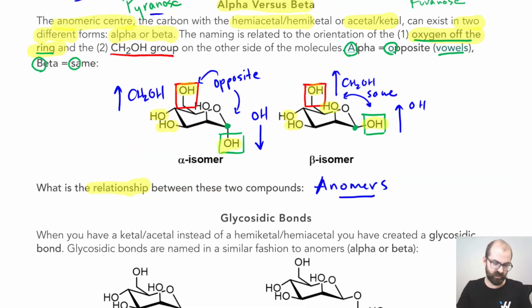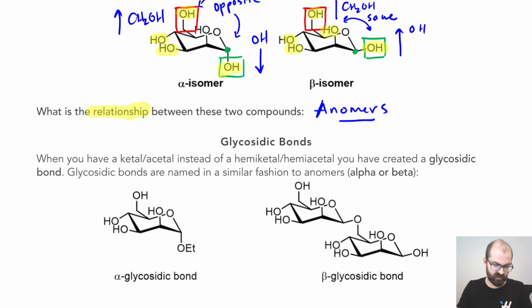The last thing to think about in nomenclature is glycosidic bonds. So if you have a ketal or an acetal instead of a hemiacetal or a hemiketal, you have created a glycosidic bond. This is just a special bond that changes the ability of the carbohydrate to interconvert from its cyclic and acyclic forms. So here we have a glycosidic bond between just oxygen and this ethyl group.